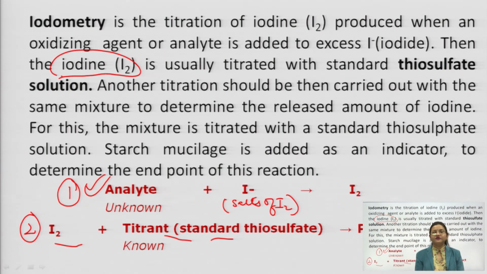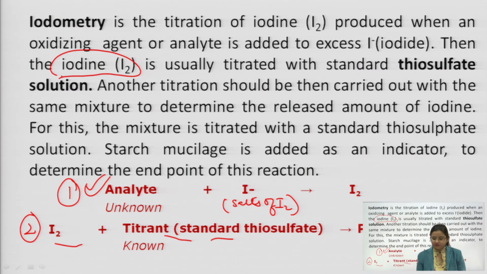Then the iodine, which is usually liberated, is titrated with the standard thiosulfate solution, and when the thiosulfate solution reacts with the iodine, all the iodine gets consumed up. So there is no iodine left in the reaction flask or titration mixture to show the blue color with starch.